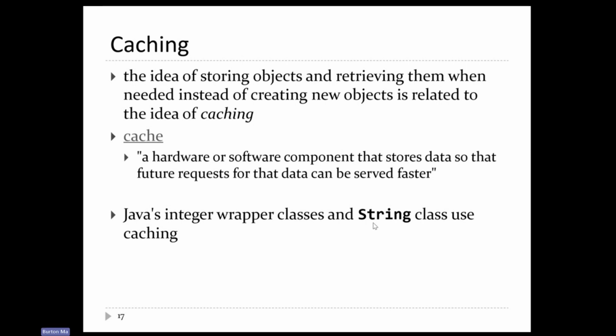Remember what equals equals does: it checks whether two objects have the same memory address. That seems to work because the string class is caching all of your literals. So if you write String h equals "hi", and then somewhere else String j equals "hi", they both refer to the same string object because the string class is playing this trick of caching all the literals.